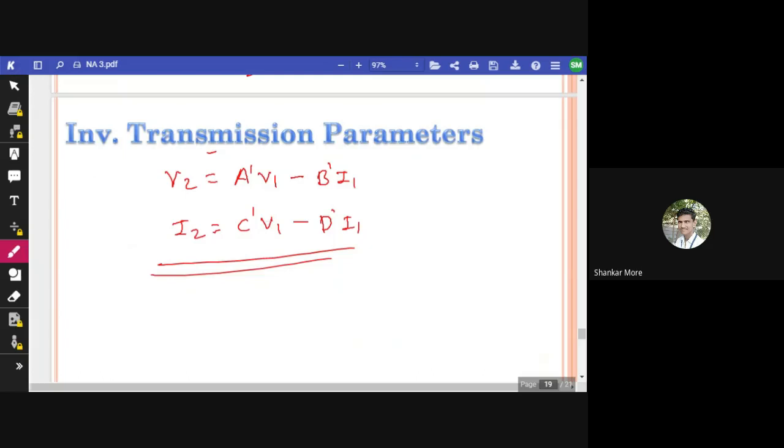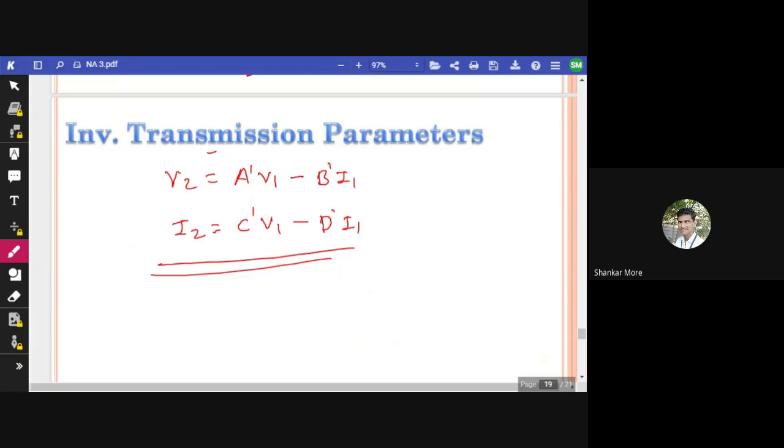Now, as I told you in the last class, we are going to take some complex examples as well. So I would like to focus on those rather than these formulas and examples. Sometimes you get two port networks in series or in parallel or in cascade, so a combination of circuits.